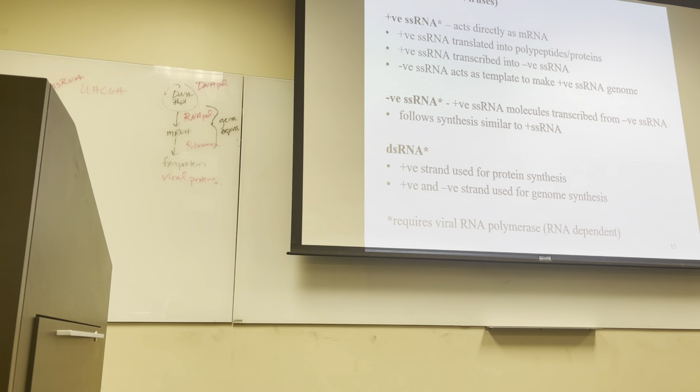So regardless if that's your negative side, you would already have the positive side to it as well, since it's a double-stranded RNA virus. This would be used to make more double-stranded RNA as well. This side of it can be read by the ribosomes to produce more of the viral proteins.